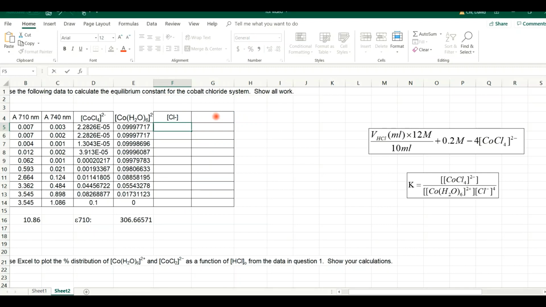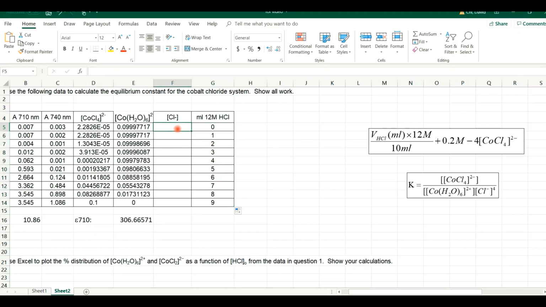So here, 12 molarity of hydrogen chloride, and 0 and 1, and we can just go, and that gives you the volume of hydrogen chloride in the solution.